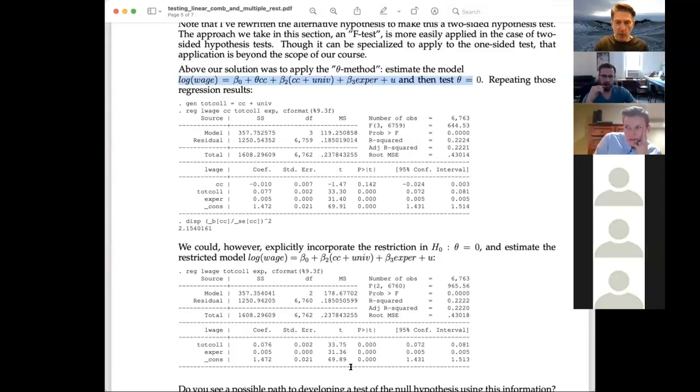And here's the model where we restricted theta equal to 0 and restricted the effect of years at a community college and years at a four-year college to be identical. And I said, well, how would we assess here, when we make that restriction, is the data crying out and saying, no, we can't possibly do this?